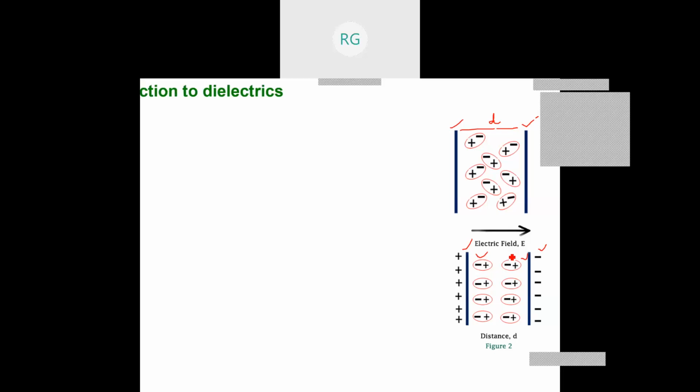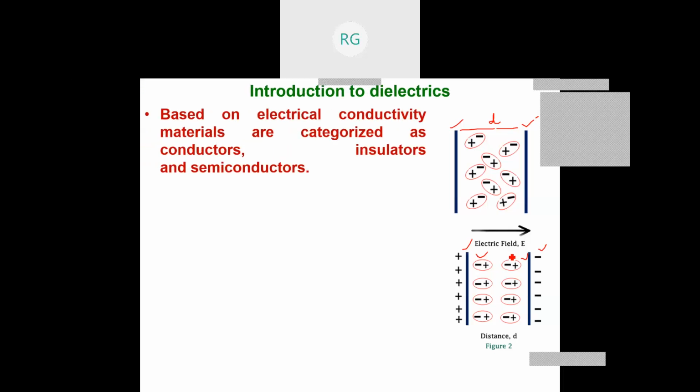To define the dielectric material, we know already that the electrical conductivity is the most important factor to categorize the materials, either based on its conductivity or based on its resistivity. So we have seen in the earlier classes, conductors, insulators, or semiconductors are the different classes of materials which show variable conductivity levels.